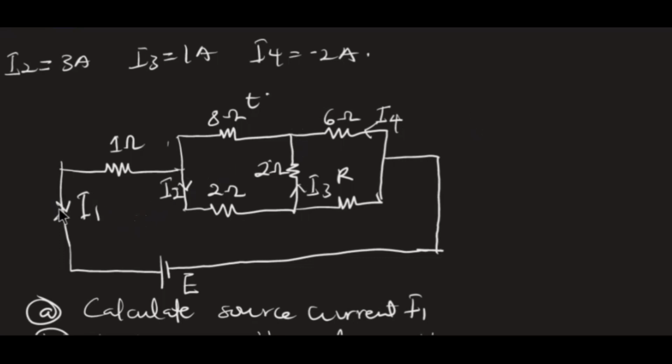To find I1, that is the source current, what you are supposed to do is follow the path to the node it is coming from. So you follow this path and realize that I1 is coming from this side. Once you get to know I1 is coming from this side, you apply KCL.